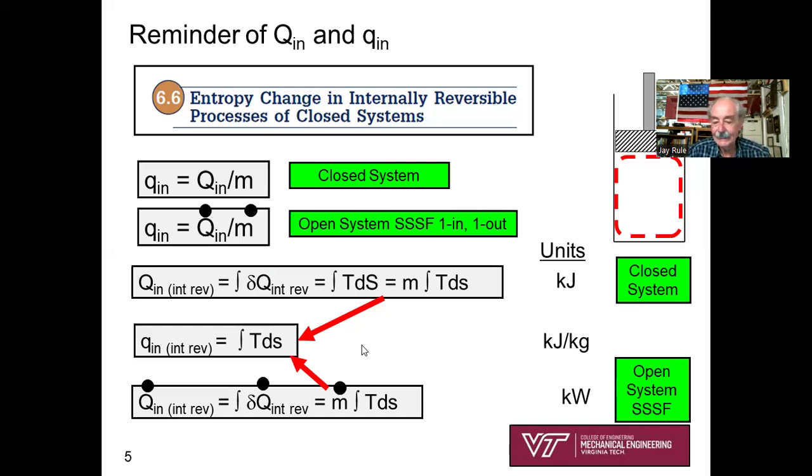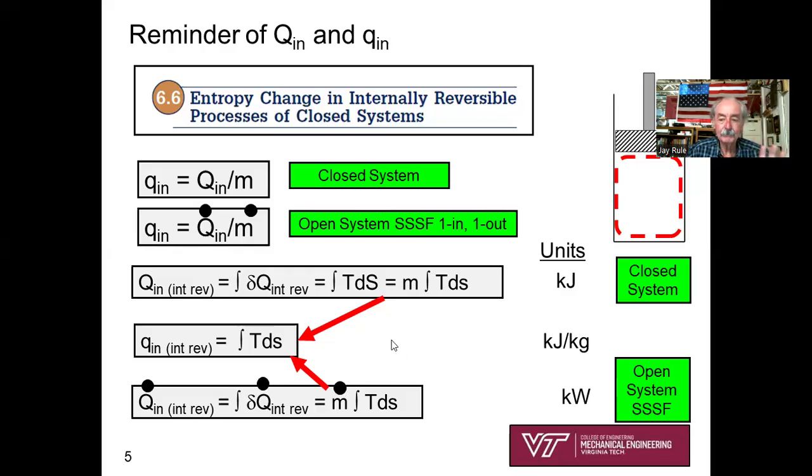Looking ahead, it's so easy to get very confused when you're dealing with open systems and little q and little w. Many students get confounded and frustrated.